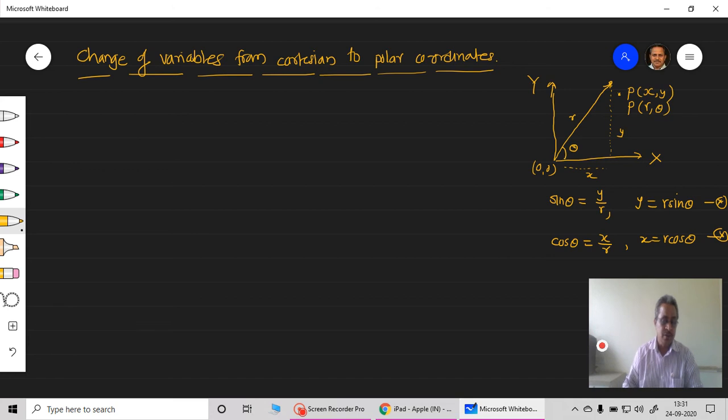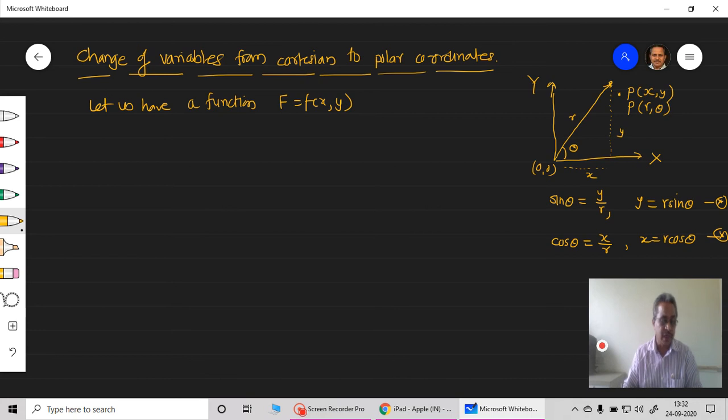Okay, so here let us have a function capital F, which is a function of two independent variables x and y, where x and y are independent, and depending upon that, the function has different values.